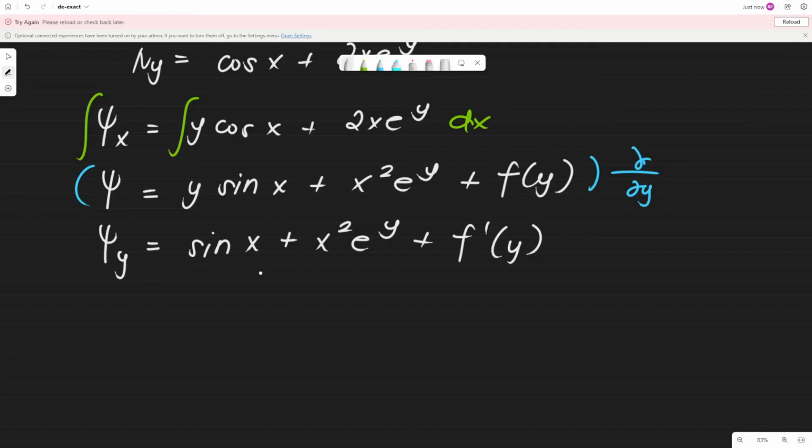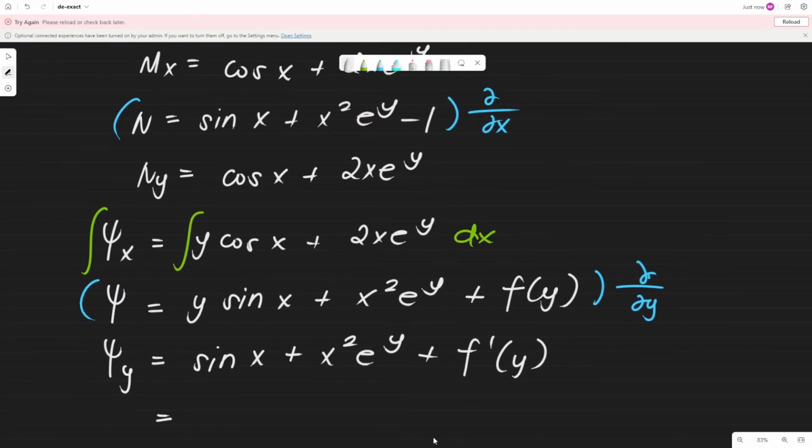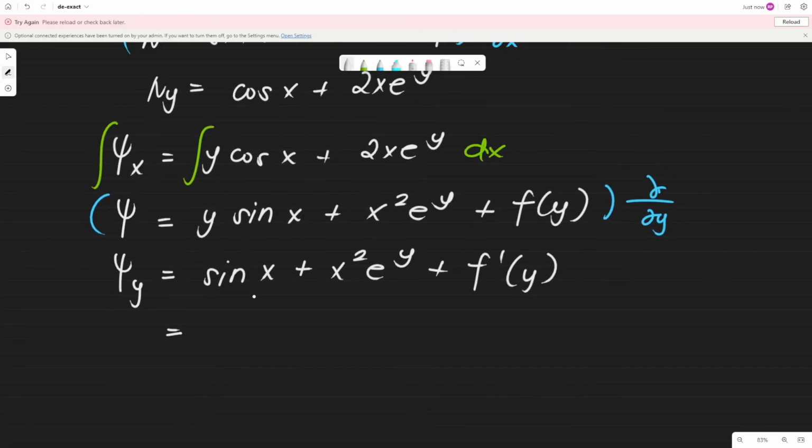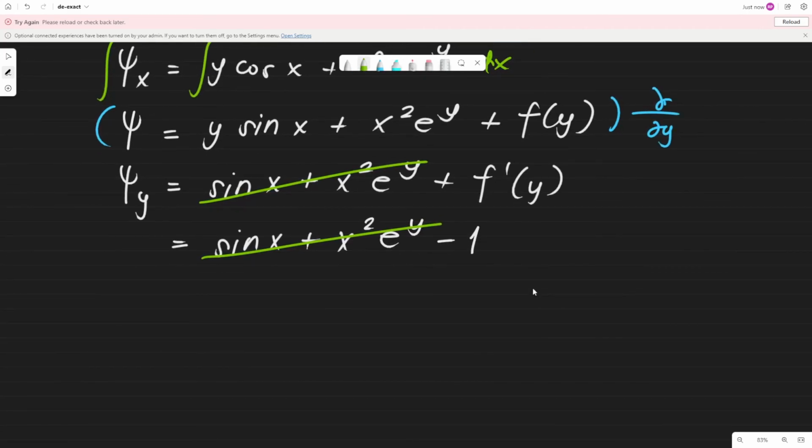Then we just equate it to the value of N. So we have sine x plus x squared e raised to y minus 1. The same terms on opposing sides cancel.